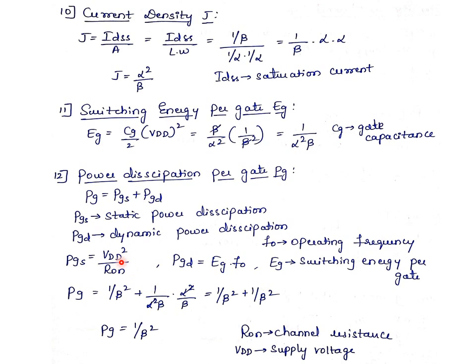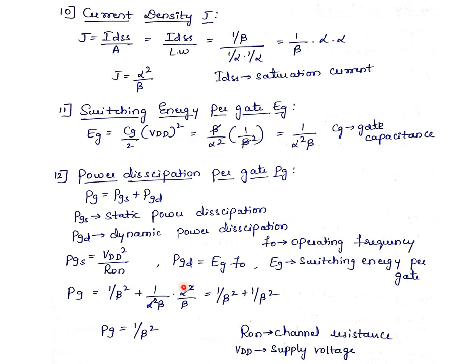Here VDD is the supply, that is squared, so simply I'll represent this in terms of scaling factor, that is 1 by beta square, isn't it? R on is scaled by factor 1, so neglect that. Now plus, because here I have plus. Coming to this PGD, it is multiplied by EG into F naught. EG is scaled by a factor of 1 by alpha square beta, right?